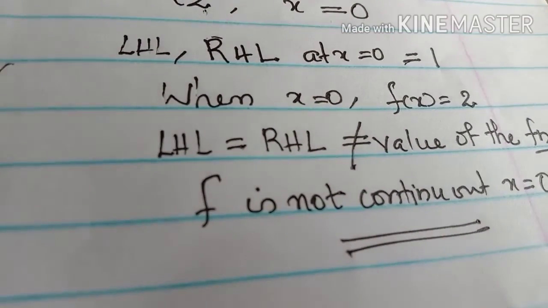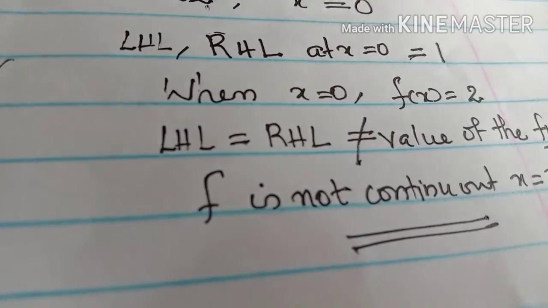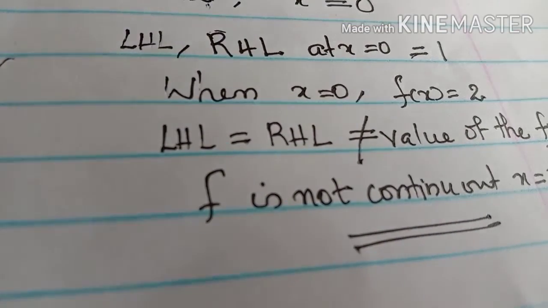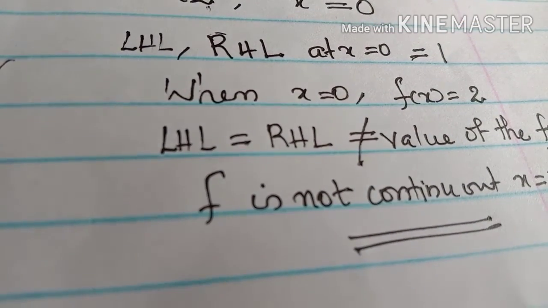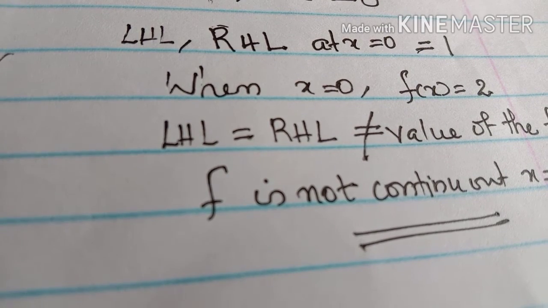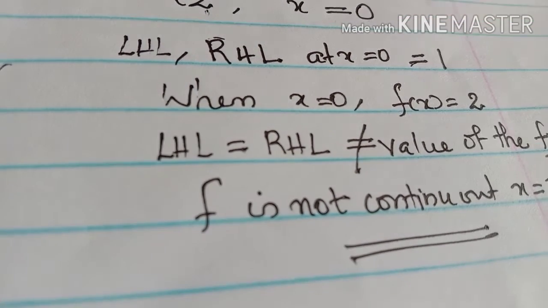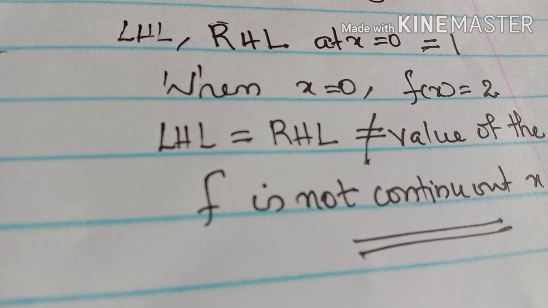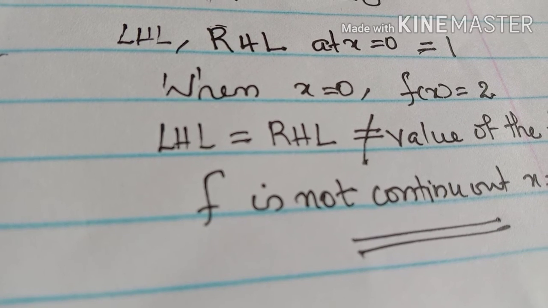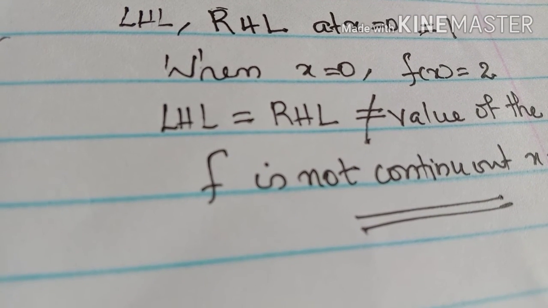If these three are equal to each other, then we can say that the given function f of x is continuous at that point. Otherwise, it is not continuous, or the given function is discontinuous. Let's see some more examples, then you can know how to check continuity and discontinuity of given functions.